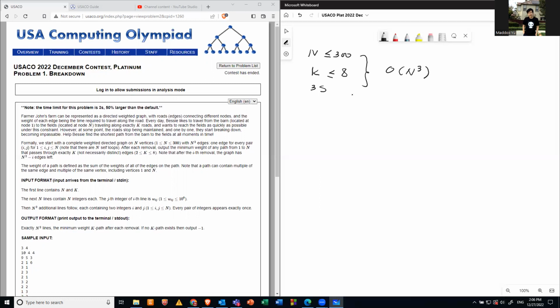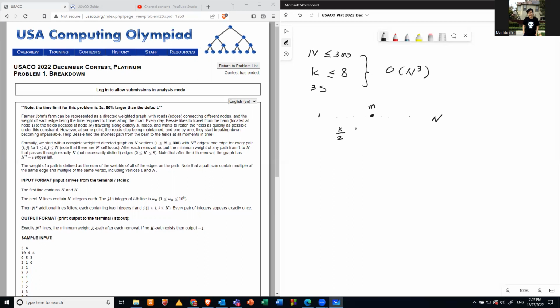So how do we do this? We have from node 1 to node n, and it goes through a set of edges. Let's say this is a midpoint. We have k edges, so each side is either k divided by 2 if k is even, since this is the midpoint.